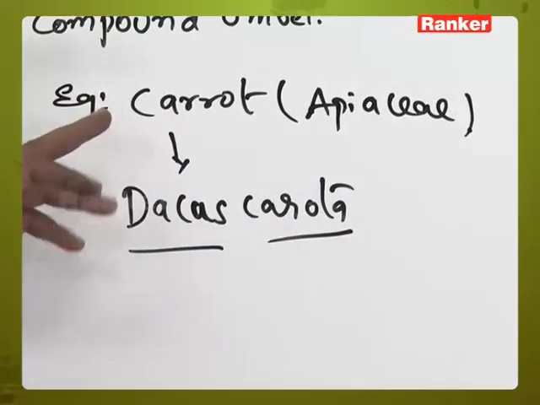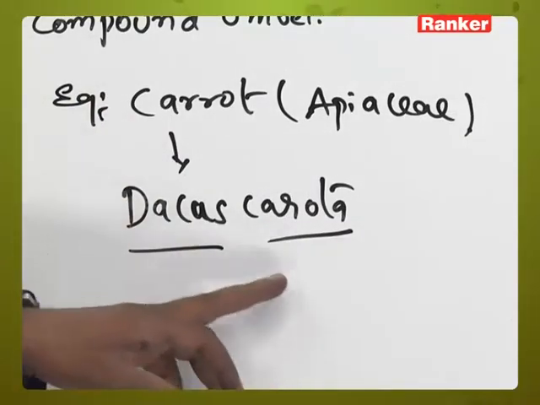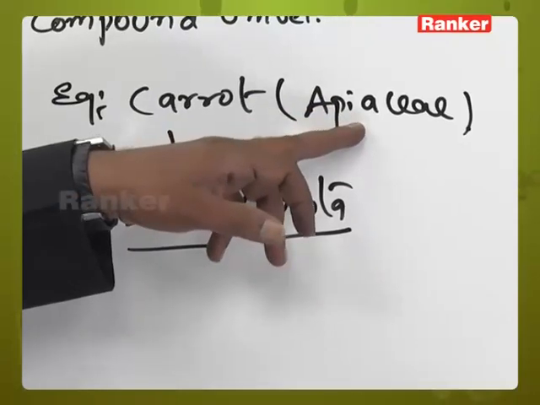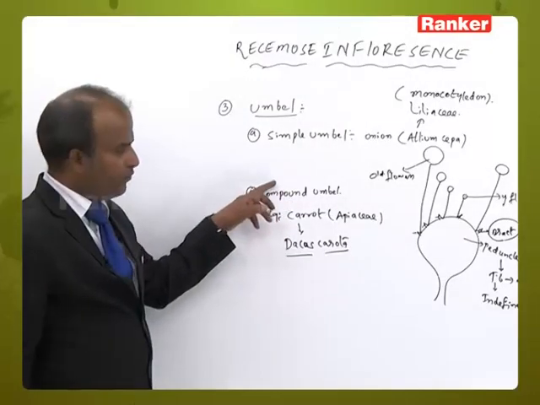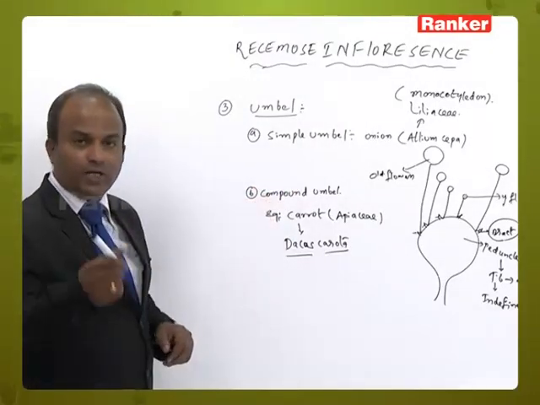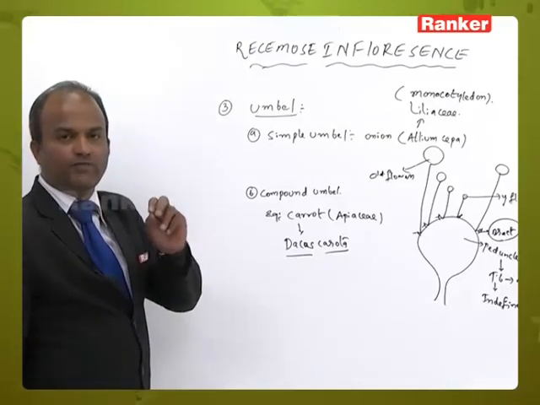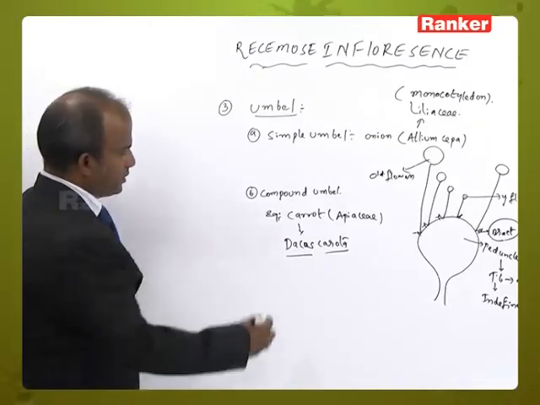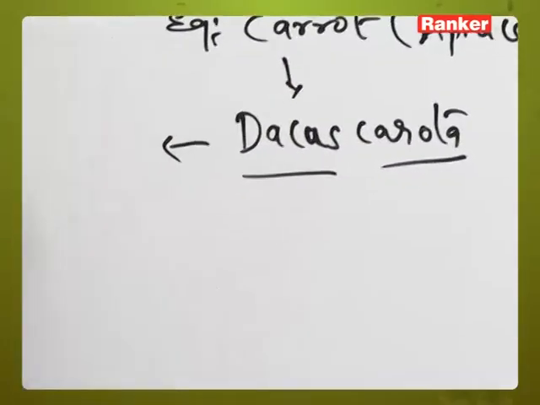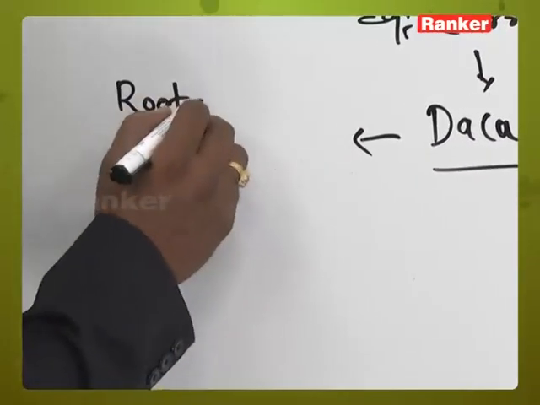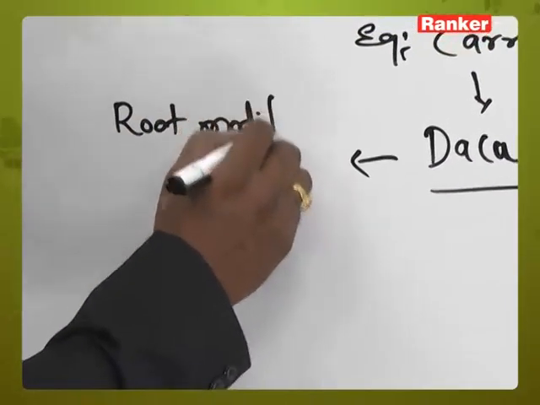We already studied this carrot, Daucus carota belonging to Apiaceae. It is one of the examples for compound umbel and it is also one of the good examples for root modifications.